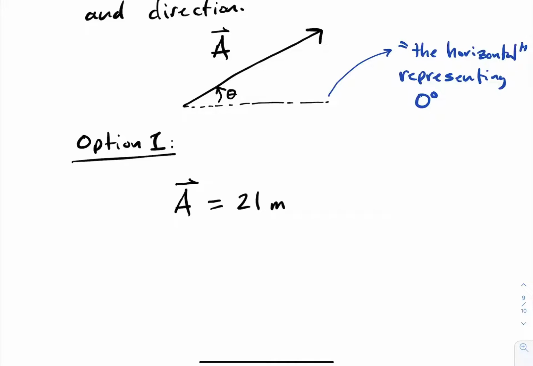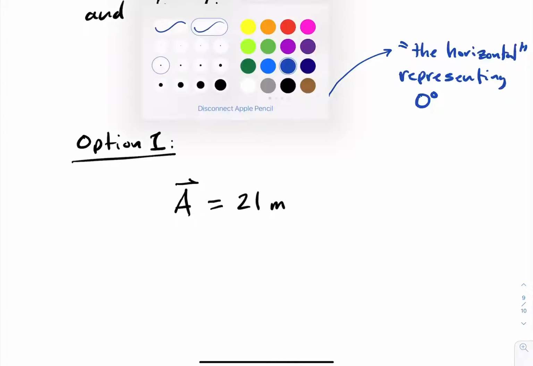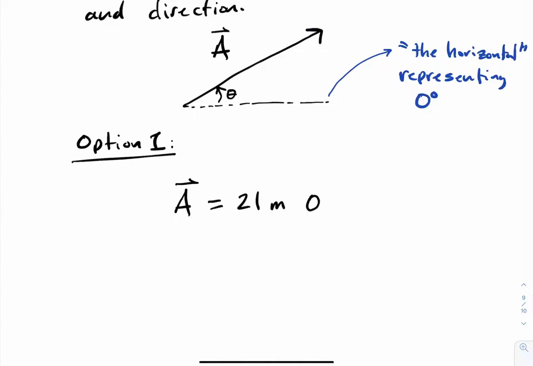In this case, we could say theta degrees north of east. Or you could just write northeast, like that. NE implies north of east. So that's one option.